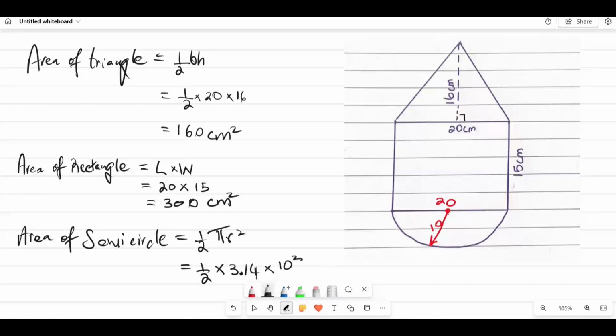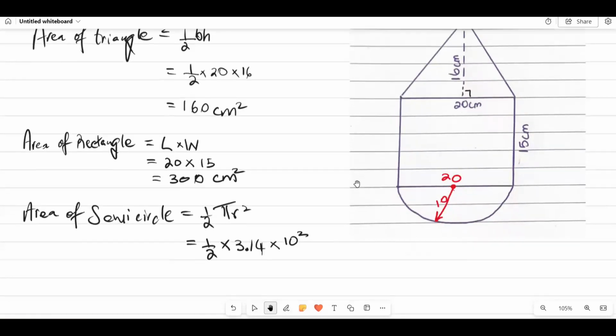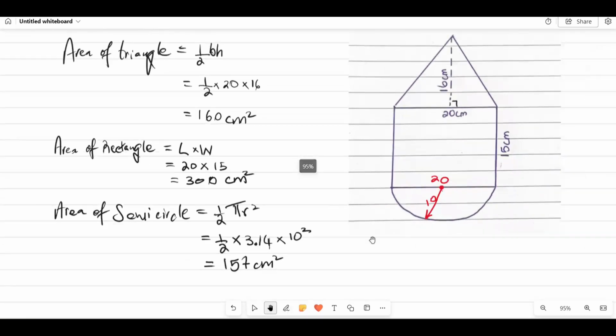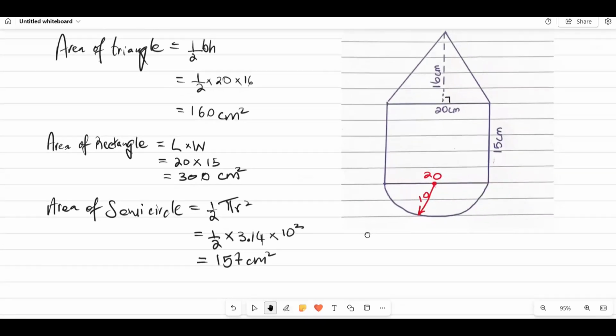So all we're going to do is put this on our calculator. And this will give us about 157 square centimeters. So there it is, we have those measurements.